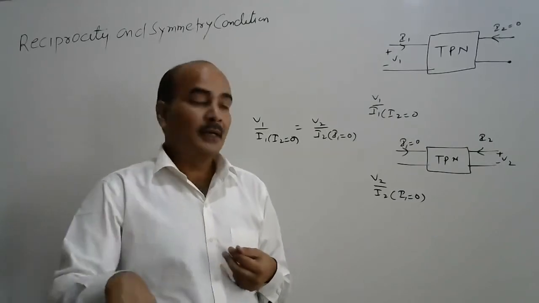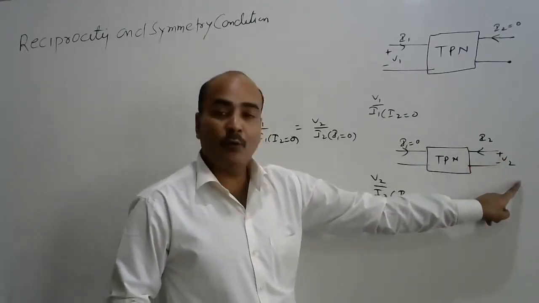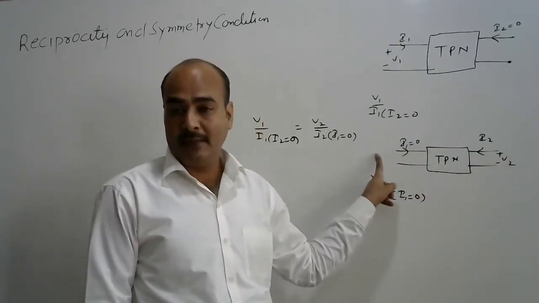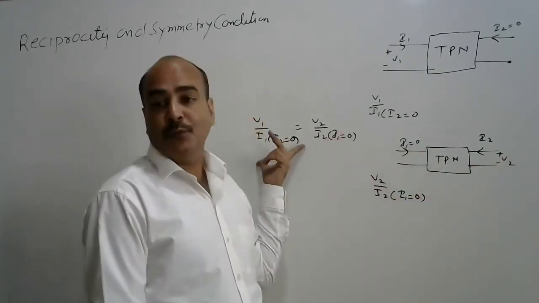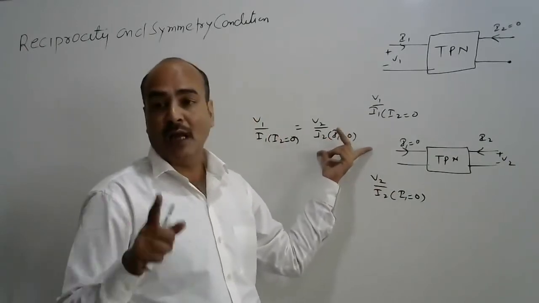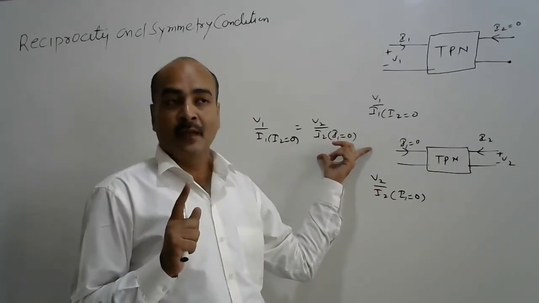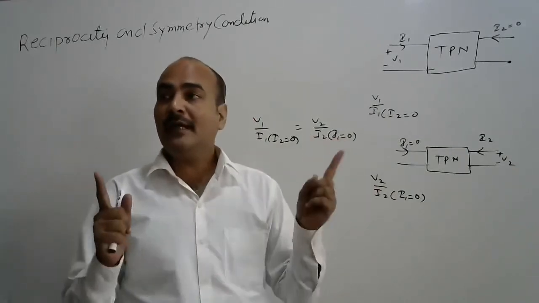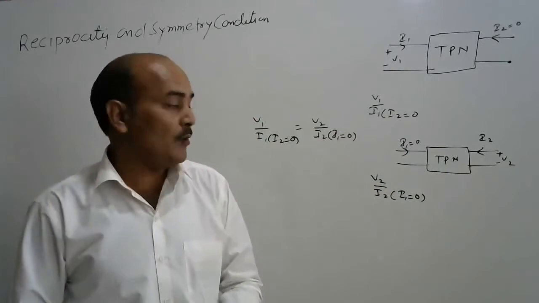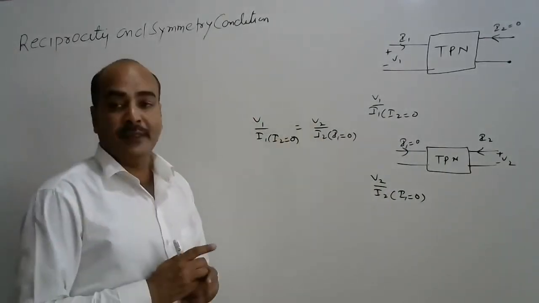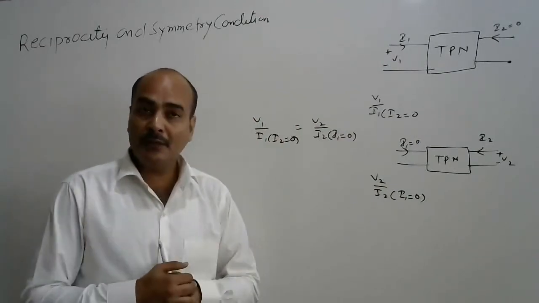And the same for the total output port impedance without applying any load at the input terminal. The condition is that in both cases the second port is open circuit. So this is V1 upon I1, I2 equal to 0, equal to V2 upon I2 with I1 equal to 0.